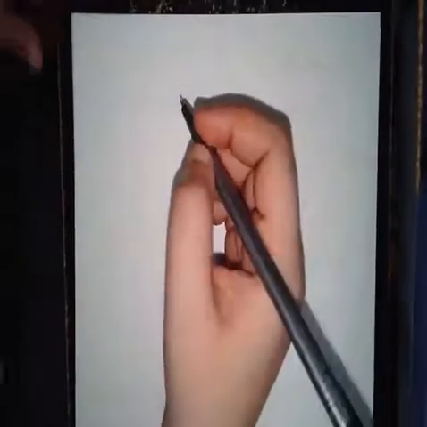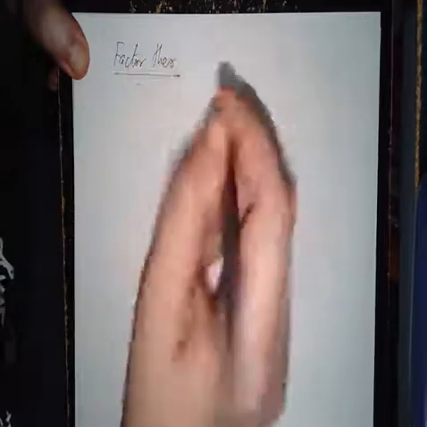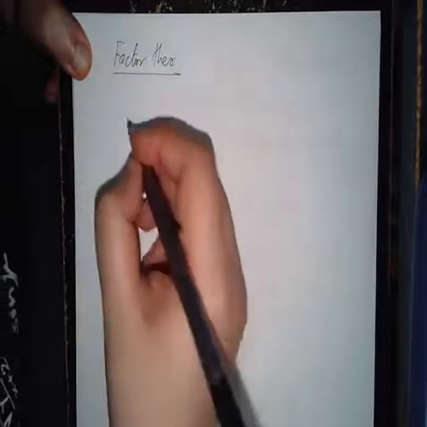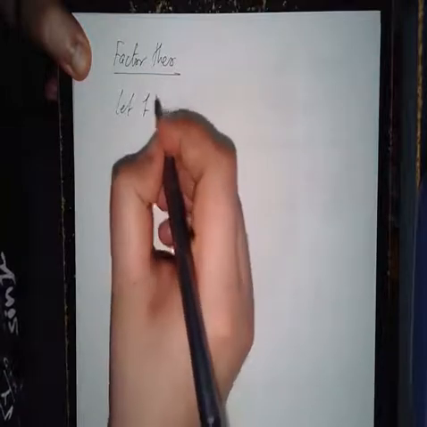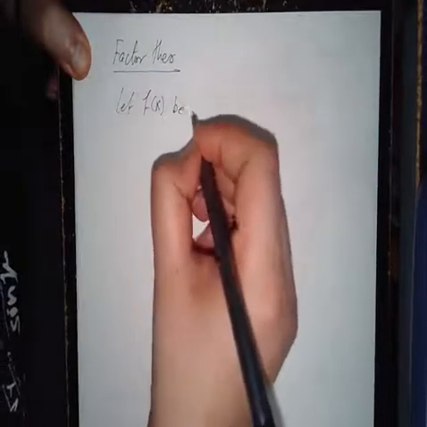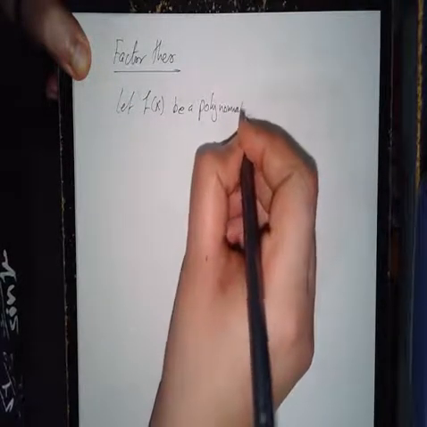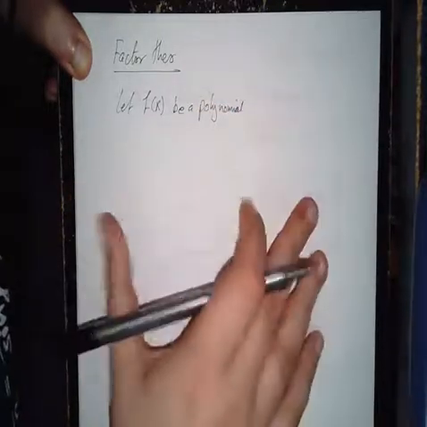Now, let's look into the factor theorem. Here we go. For this theorem, the idea is actually very simple. The factor theorem says, let f of x be a polynomial.